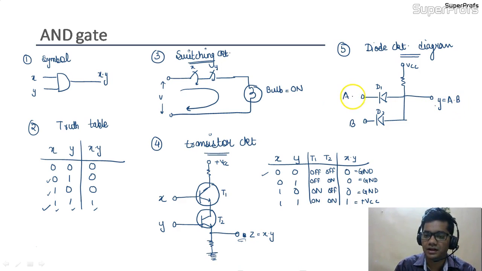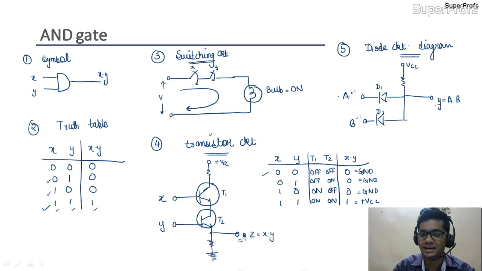If the input is 0 and this is also 0, D1 and D2 would be forward biased, and this voltage would appear at Y. So the output would be 0 0 0. But if both the inputs are 1 1, that is this is also 1 and this is also 1, that means we are applying a high voltage on the reverse bias side.